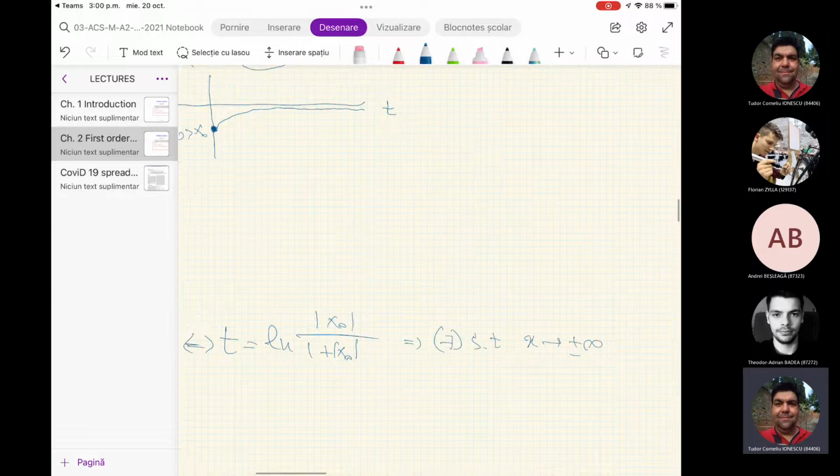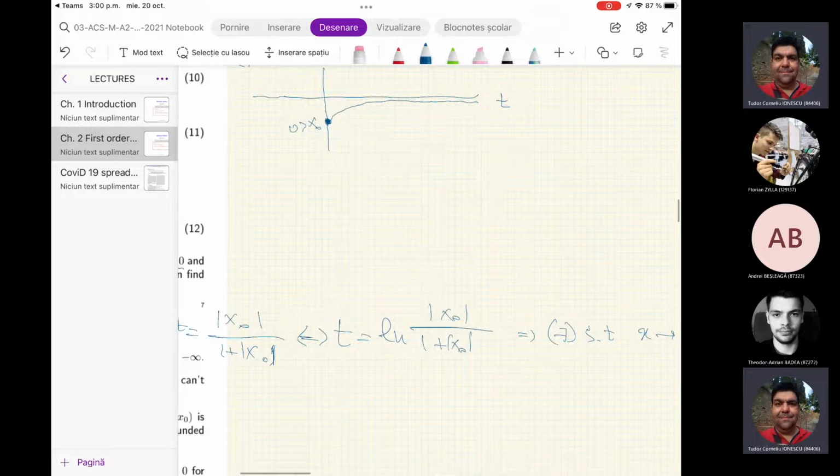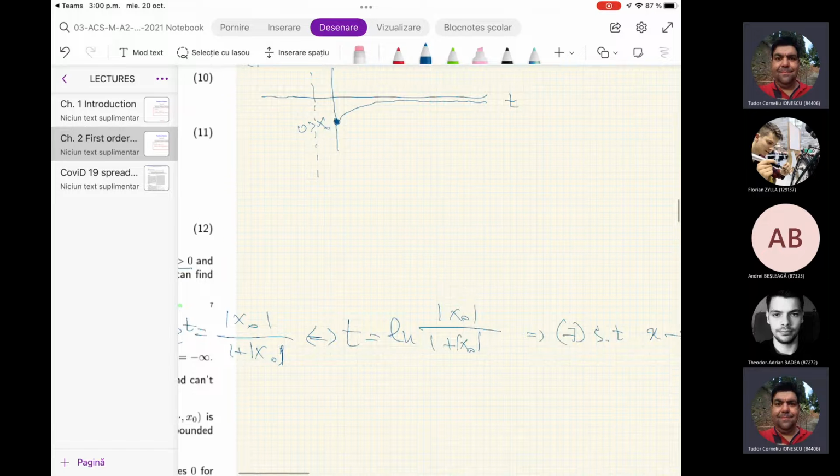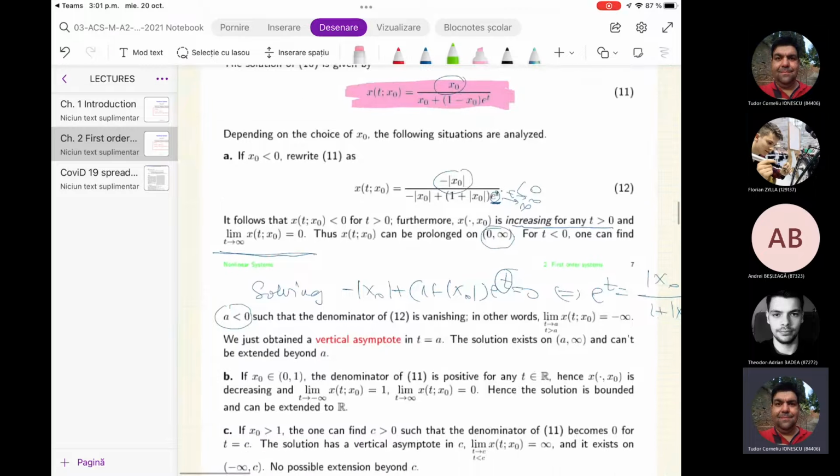You see? So it says that there exists a value of negative time, and the solution comes from minus infinity in negative time. So there is a vertical asymptote. It's finite escape time, and it shows you explicitly in this formula.